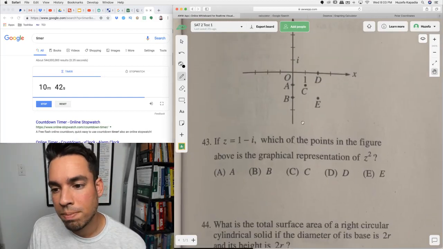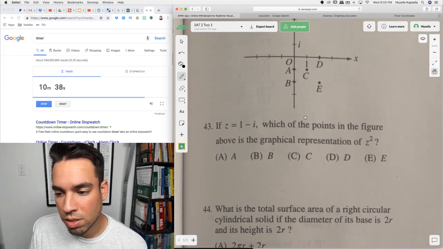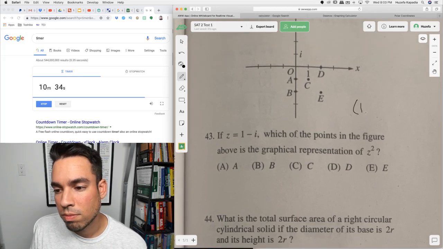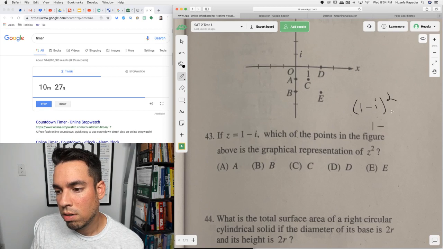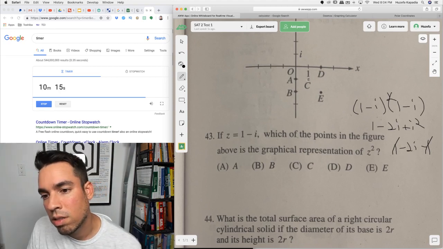All right, next we've got this one. If z equals 1 minus i, which of the points in the figure above is the graphical representation of z squared? So that is 1 minus i times 1 minus i, which is 1 minus 2i plus i squared. i squared is negative 1. 1 minus 1 is 0, so those cancel out.